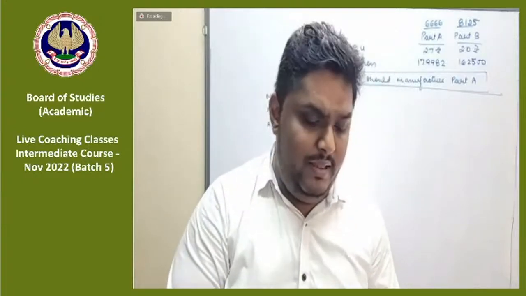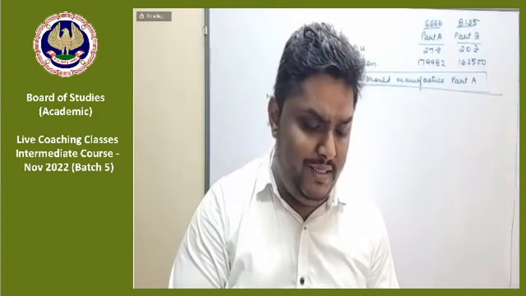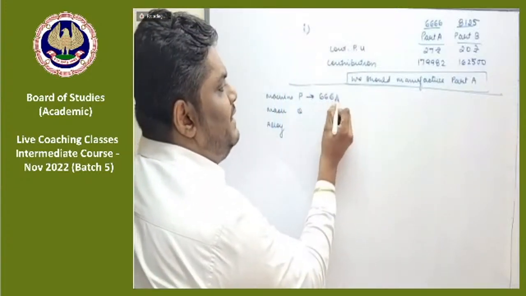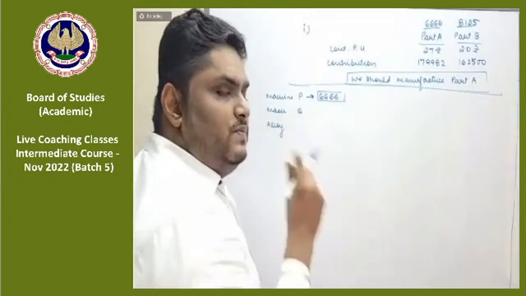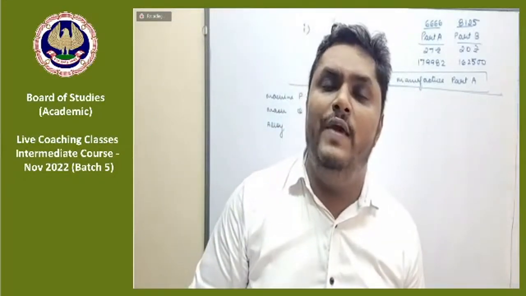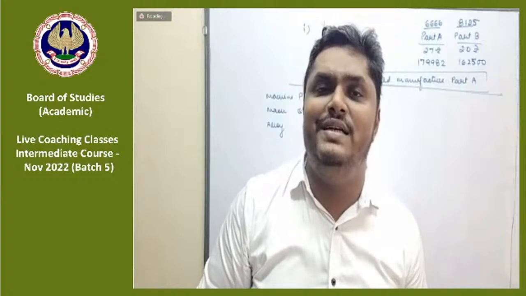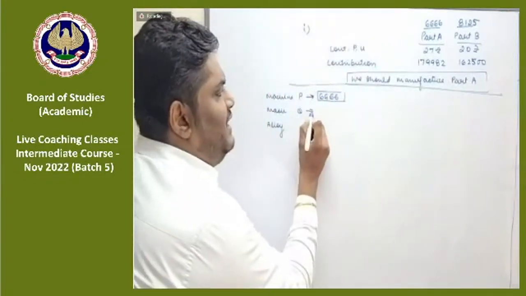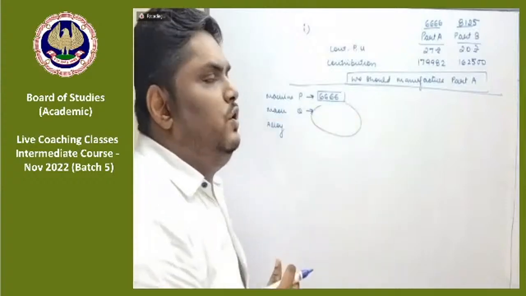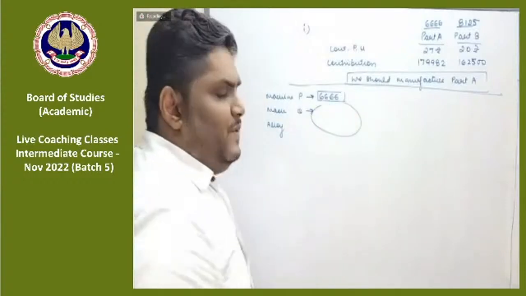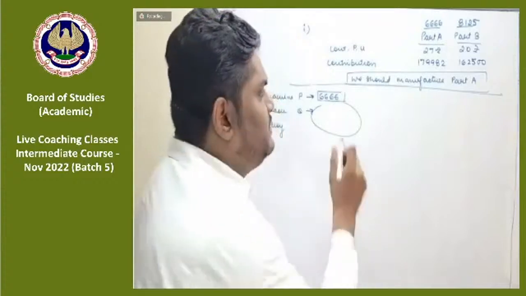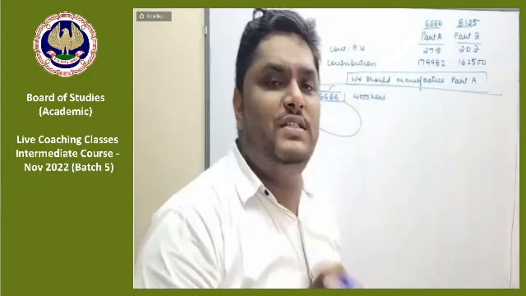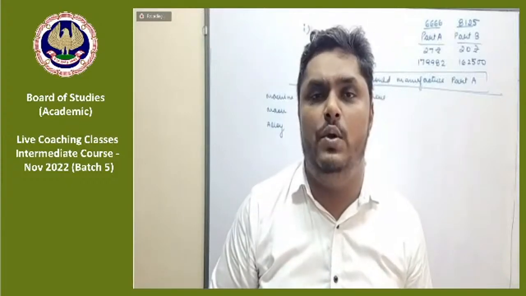Very simple. That is 4,000 hours divided by 0.6 hours. It means we can manufacture only 6,666 units because machine P was the constraint, with a maximum capacity of 4,000 hours.